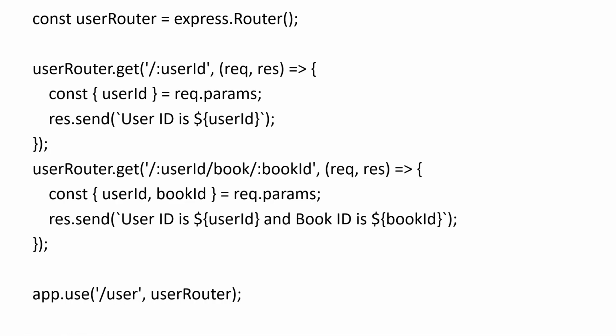This is the main route path, that is forward slash user. Under this, userRouter handles both userId and bookId. What are the route parameters here? userId and bookId are used within userRouter.